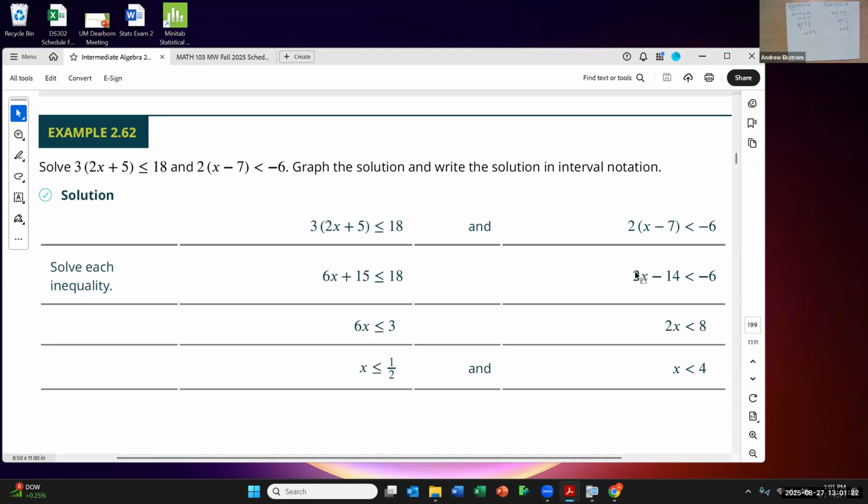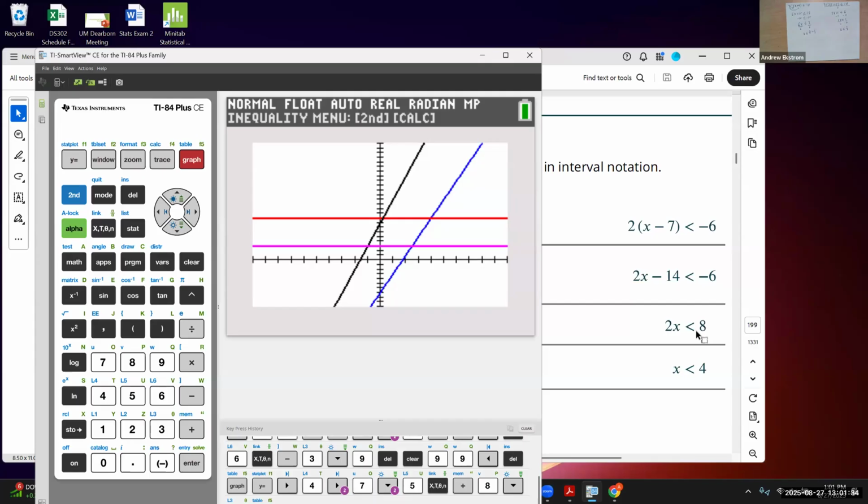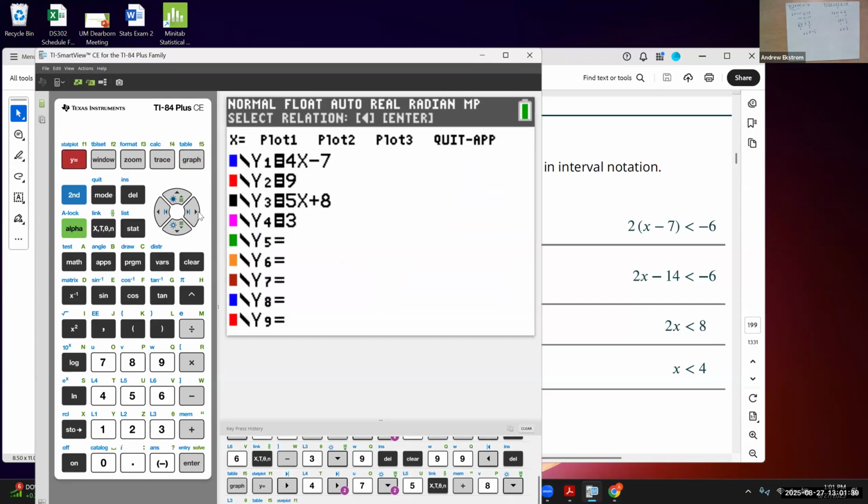And I'll put this one into the calculator just again to show us that we already know kind of what the answer is going to be here. So if I come back up here, again, I'm going to clear this, head back up to the top here.